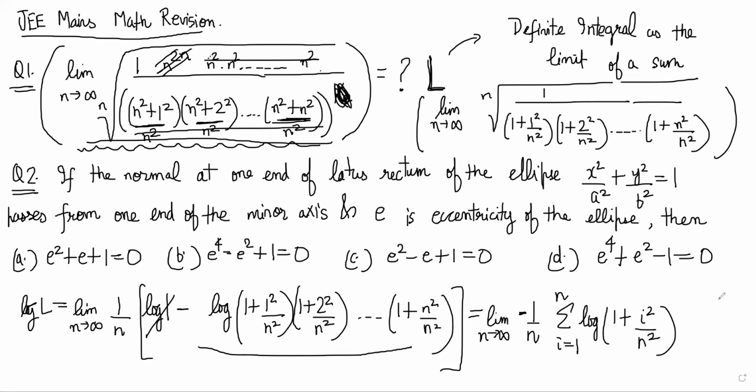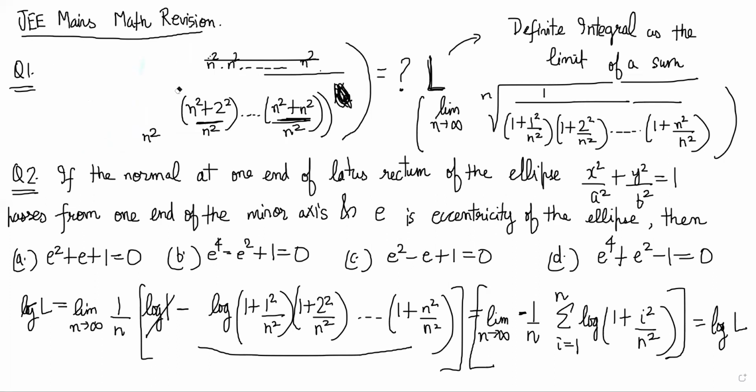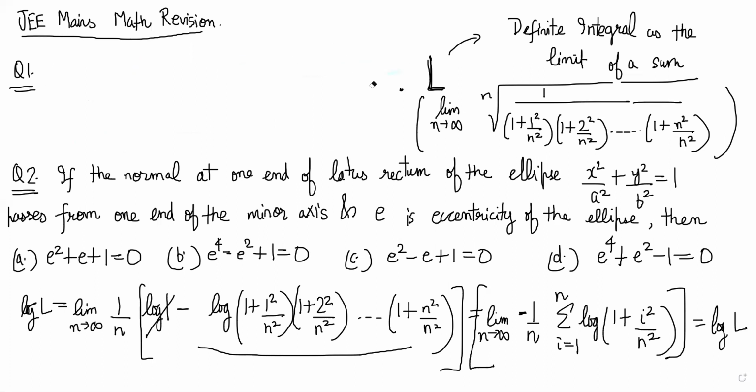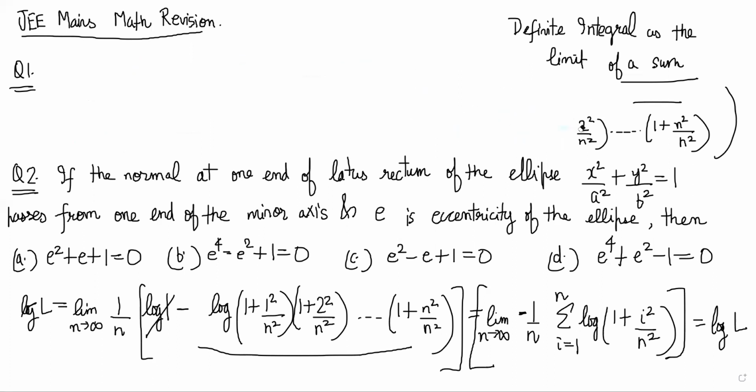This is equal to your log of L, right? How do you evaluate this now? Now this is in the form where you call definite integral as the limit of a sum form, when you can convert a summation to a definite integral, right?